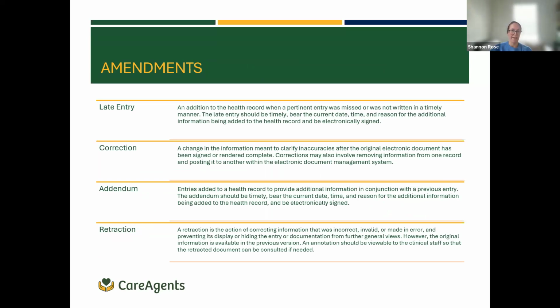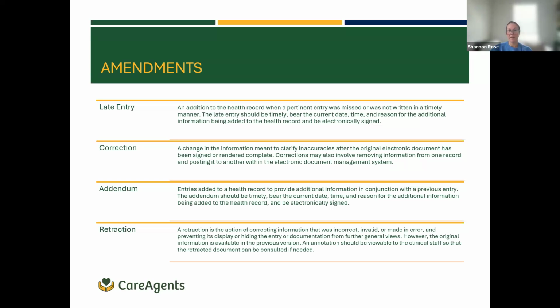Once a document has a final sign-off, the only way to correct or revise documentation is to provide an addendum. The organization should have a specific policy and procedure addressing how addendums are made in the health record. The addendum should be timely and provide the reason for the additional information being added to the record.